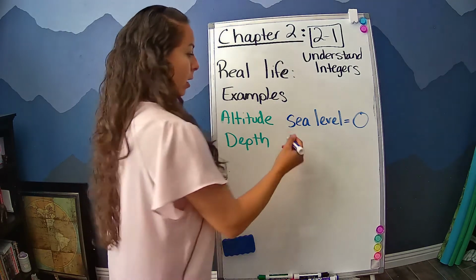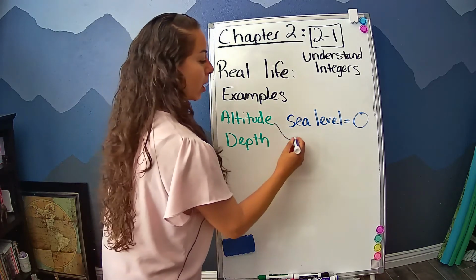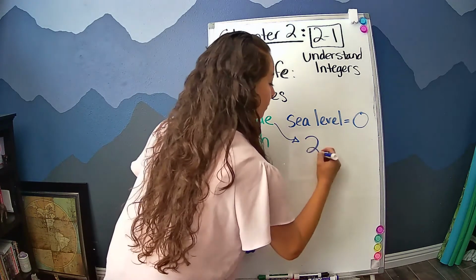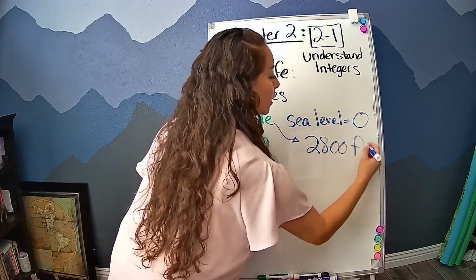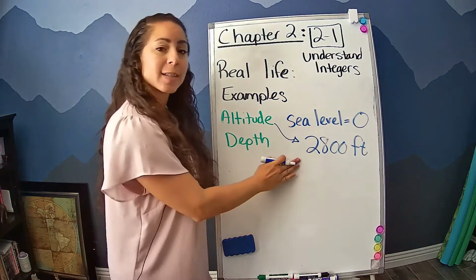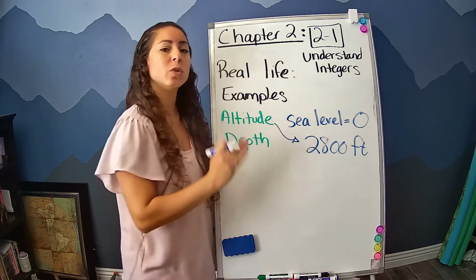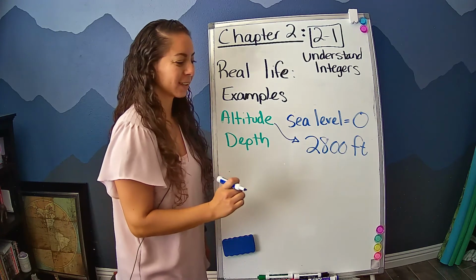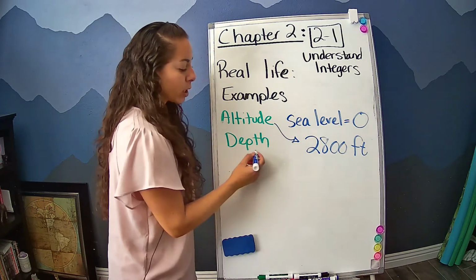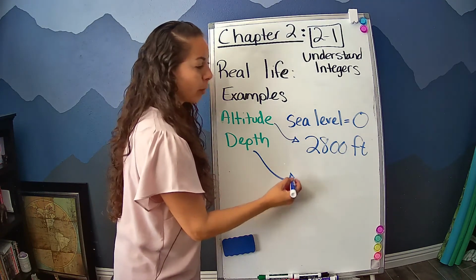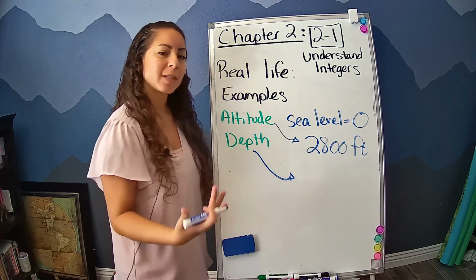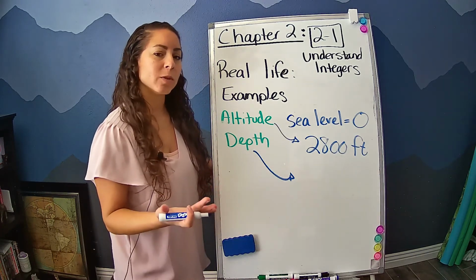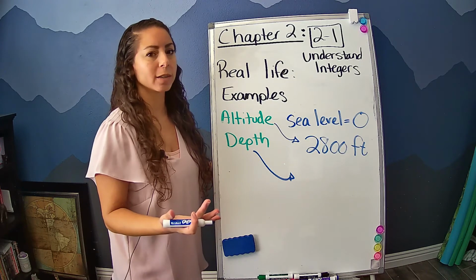So let's look at that. We are altitude, we are above sea level at 2,800 feet. Positive. If we have an altitude, we are positive most of the time. Okay? If we're talking about depth, if you go below sea level, so think about divers and sea animals like whales and fish and sharks.